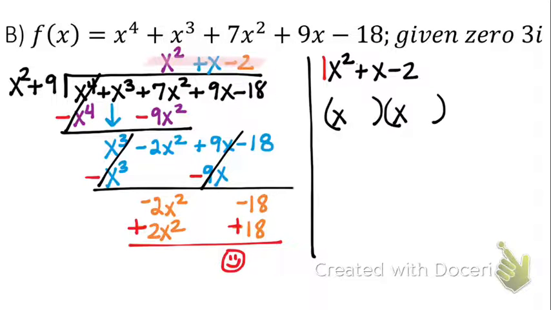So what are two numbers that multiply to be negative 2 but add to a positive 1?